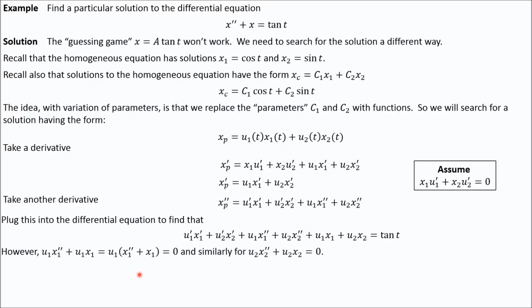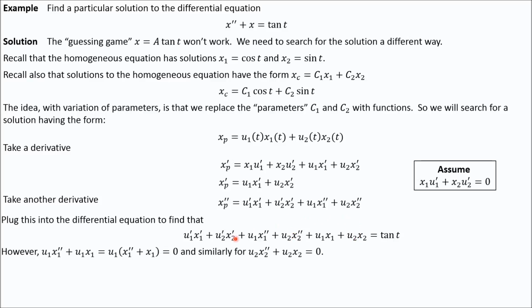However, we notice that since x1 double prime plus x1 equals 0, because x1 and x2 are solutions to the homogeneous equation x double prime plus x equals 0, we realize that this is 0 and this is 0 similarly, which causes a lot of this stuff to disappear. u1 x1 double prime plus u1 x1, so this term plus this term equals 0, as well as this term plus this term equals 0.